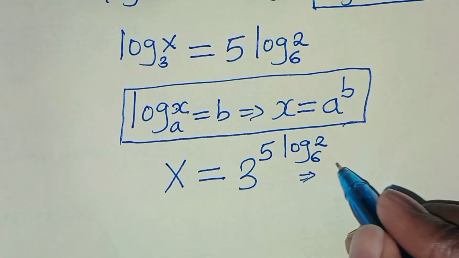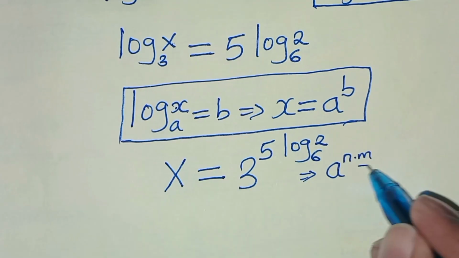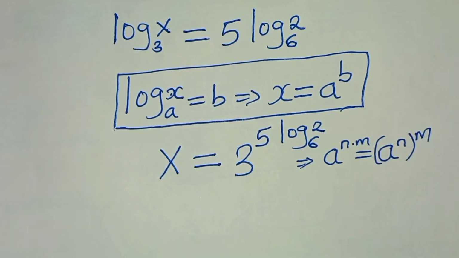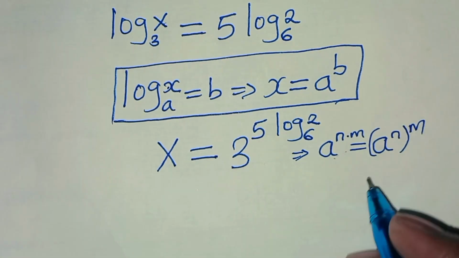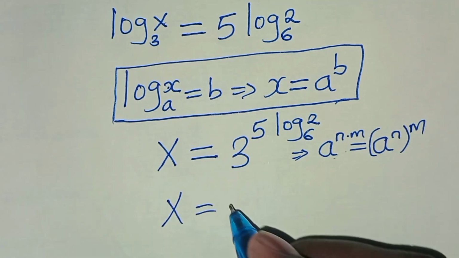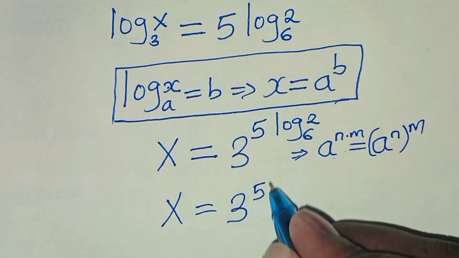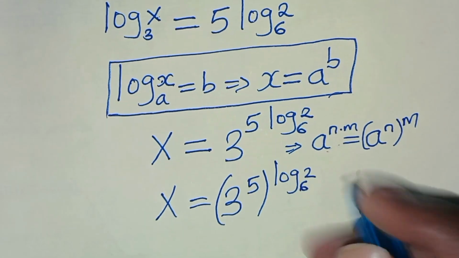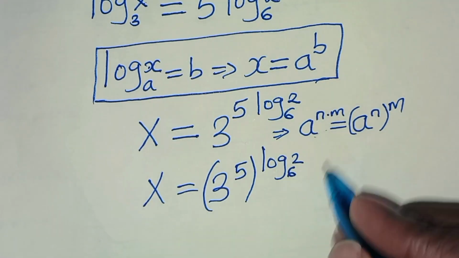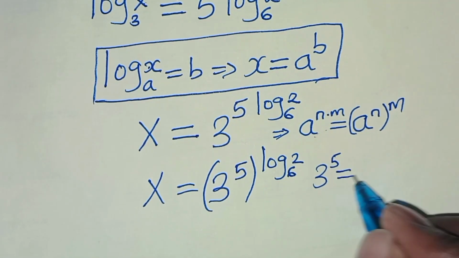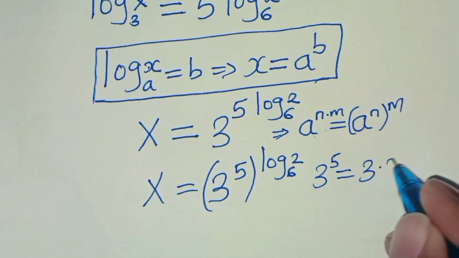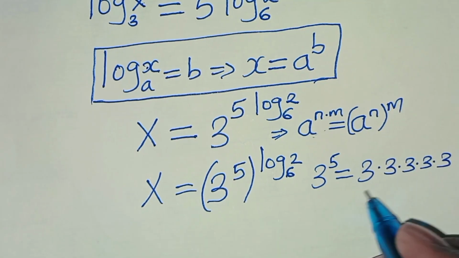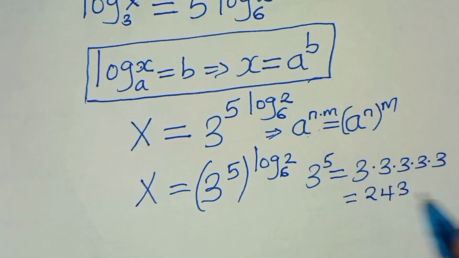Now, this is in the form of a to power n times m, which we can express as a to power n raised to power m. Applying this exponent property, we have x equal to 3 to power 5 raised to power log 2 to base 6. 3 to power 5 is the same thing as 3 times 3 times 3 times 3 times 3, which is equal to 243.